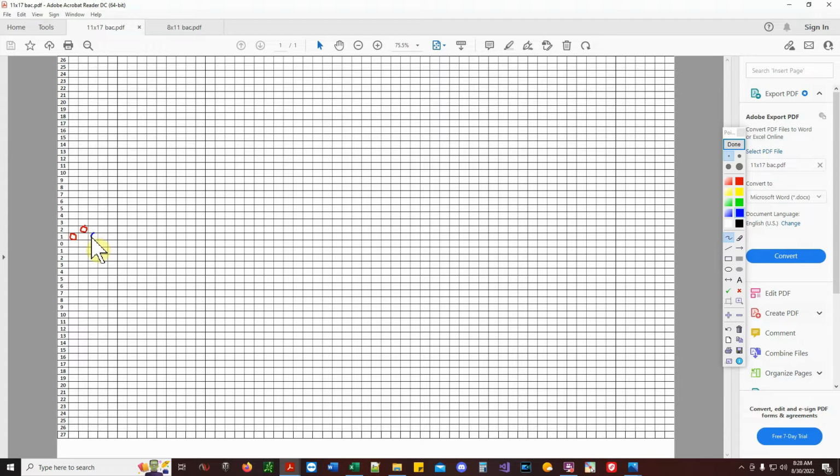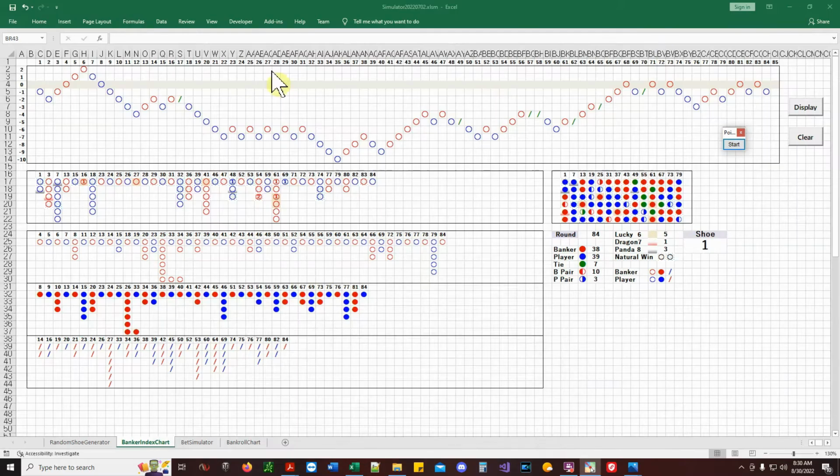If player comes, then you go down one. Okay? Player comes again, you go down another one. You keep this up, and what you will end up with is a nice trending graph that looks something similar to this.